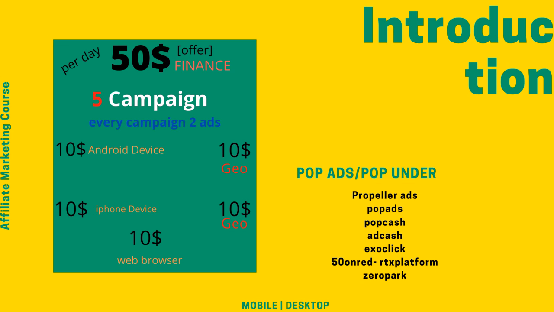In campaign number 2, I would target iPhone devices. In campaign number 3, I would target, let's say, a different web browser. And in campaign number 4 or 5, I would target different geos. So it depends. So I do targeting, and then in every campaign, I have at least 2 advertisements with 2 different images and 2 different ad creatives. This is what I do.